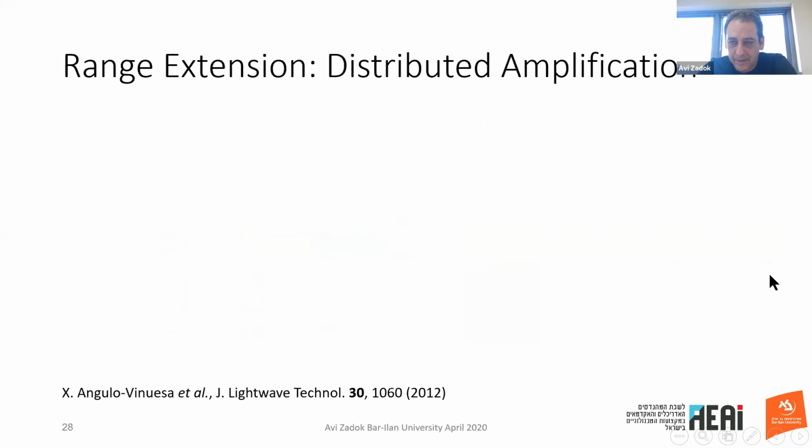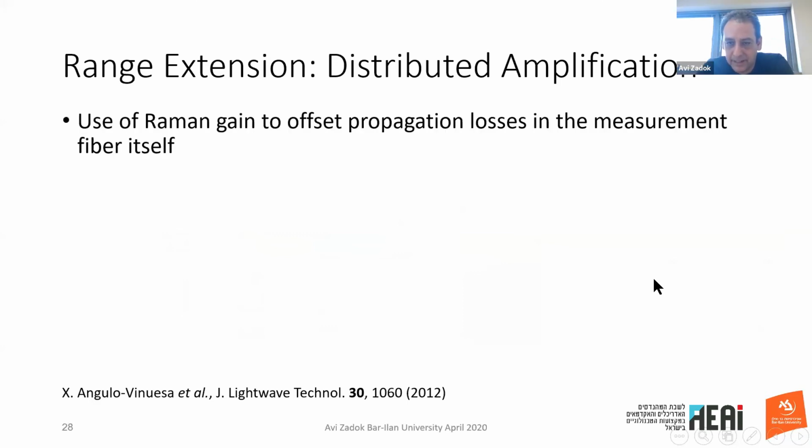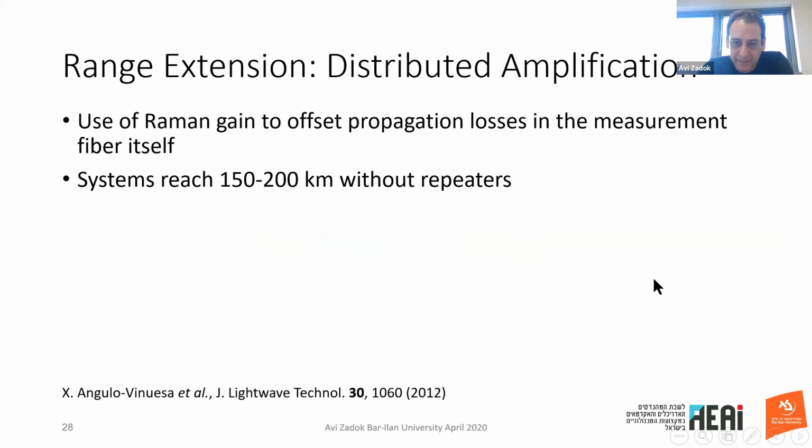Another example is, rather than use lumped amplifiers at the end of a section, one can turn the entire measurement fiber into an amplifier. This is based on the principles of Raman gain. I will not go into details, but using the benefits of stimulated Raman scattering, the lossy fiber can become an amplifying fiber.